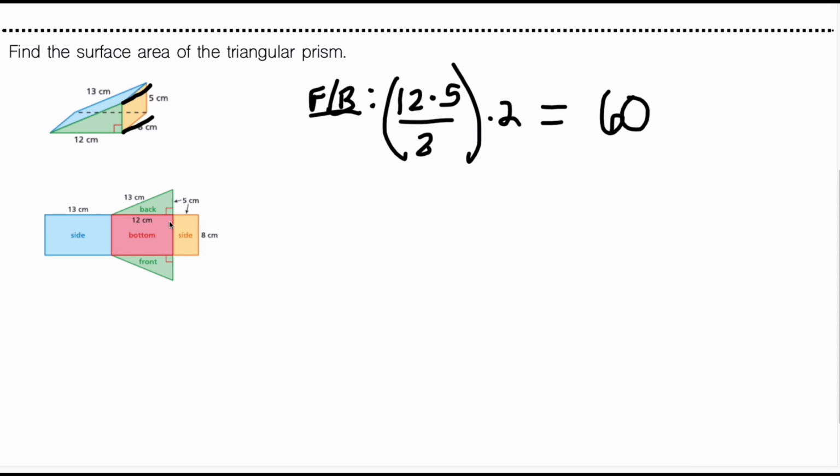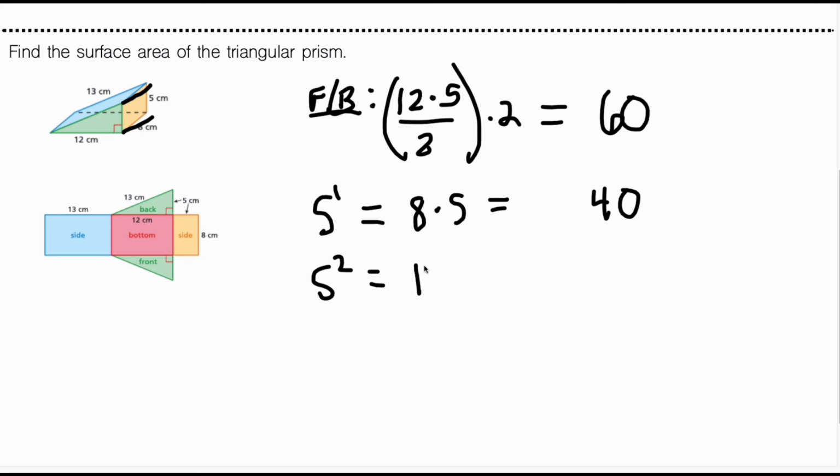Then I'm going to do the yellow side. I'll call this side 1. Side 1 is a rectangle that's 8 by 5. There's only one of those, so you don't have to double that. 8 by 5 is 40. Side 2, let's call that the blue over here. That's 13 by 8. And then the other thing would be the bottom, the red bottom.